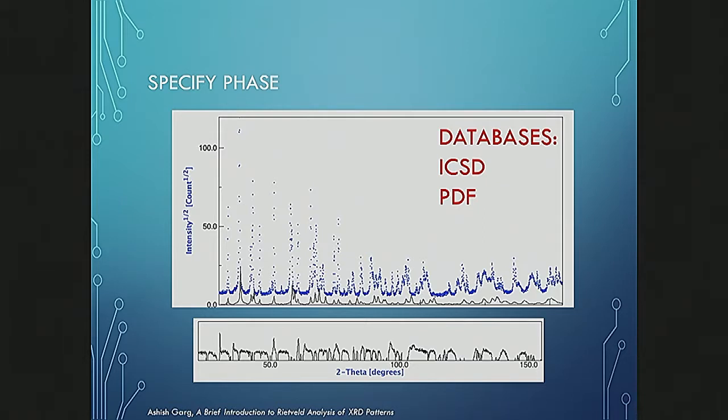We know that each material has its unique diffraction pattern, and based on the experiment results, we compare its peak position and the relative intensity to find the initial structure from the database.